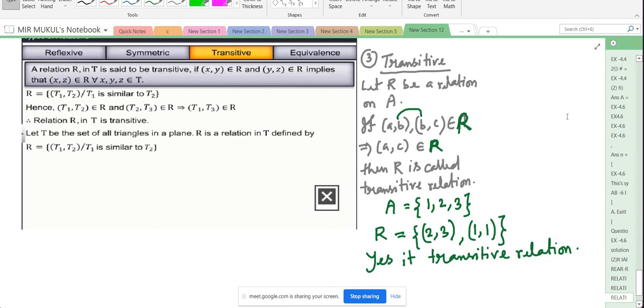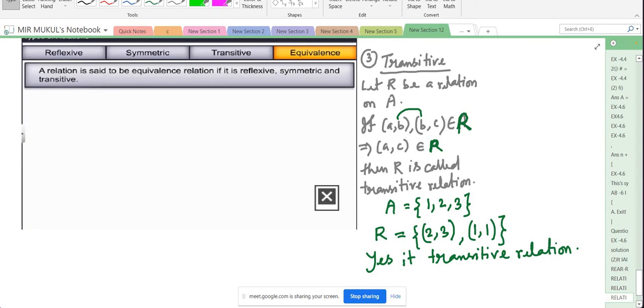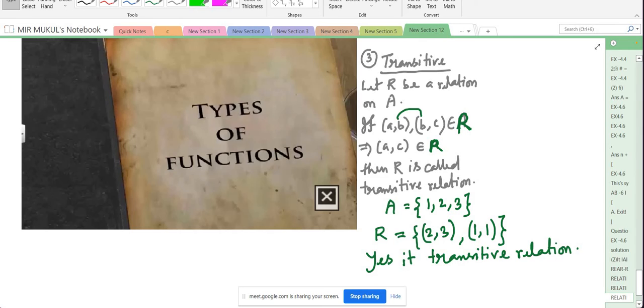Now, let's come back to relation R in set T. We observed that the relation R in T is reflexive, symmetric, and transitive. Such a relation R in T is called an equivalence relation. Mathematically, a relation is said to be an equivalence relation if it is reflexive, symmetric, and transitive.